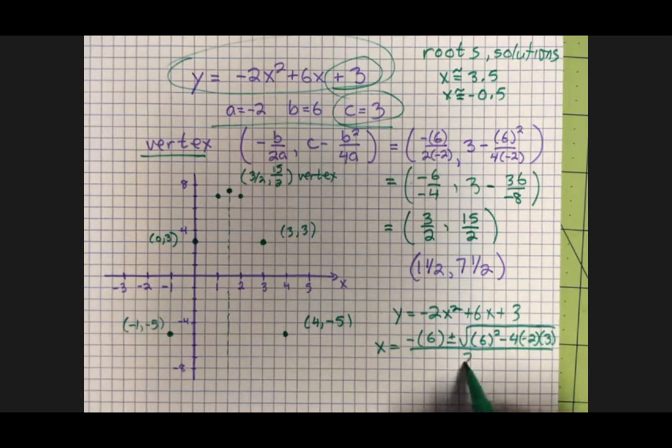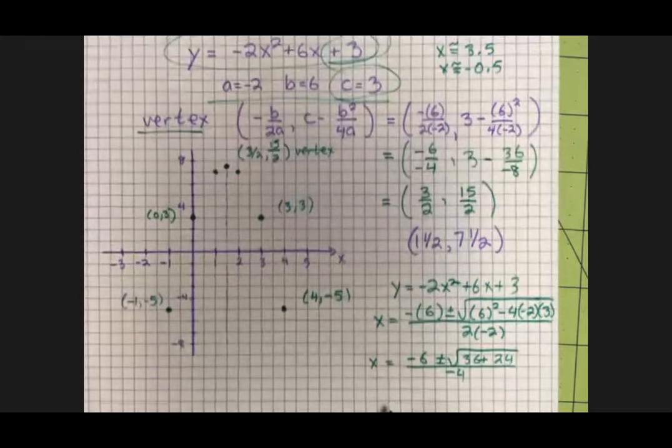All divided by 2 times a, which is minus 2. Let's work this out. Negative 6 plus or minus the square root of 36. What do I got here? 4 times 2 times 3 is 8 times 3, 24. 36 and 24. Am I adding or subtracting? The 2 minus signs say I am adding.